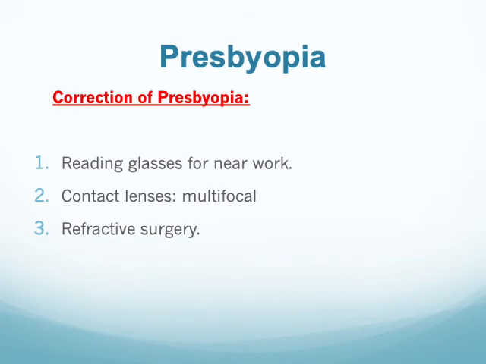How to correct presbyopia? The main correction of presbyopia is with glasses, contact lenses, and refractive surgery. But the main correction is actually with glasses.